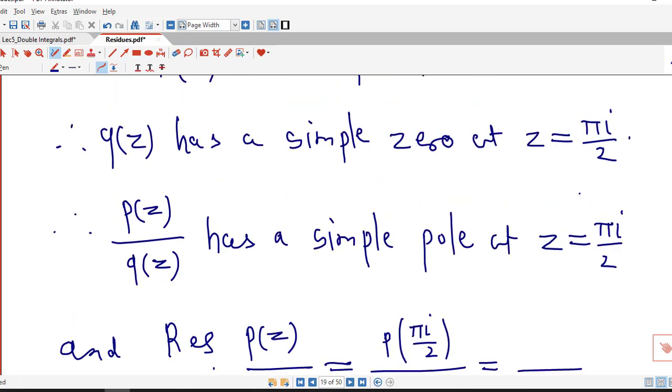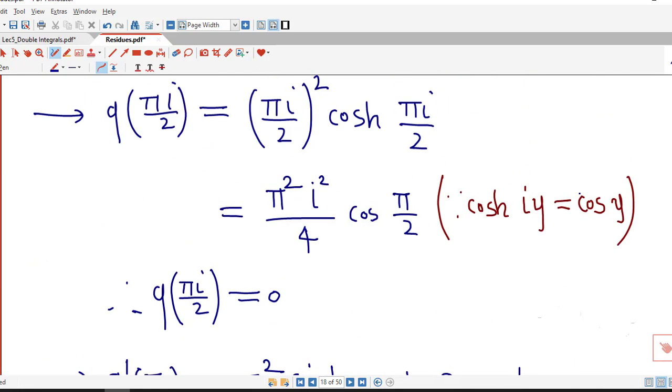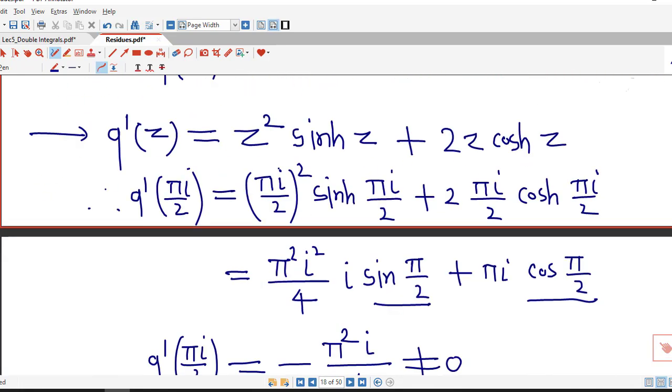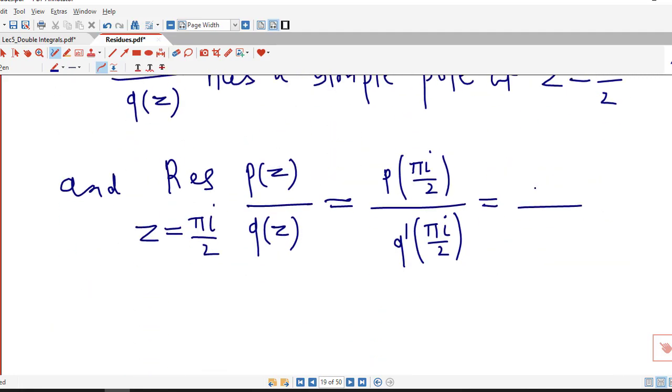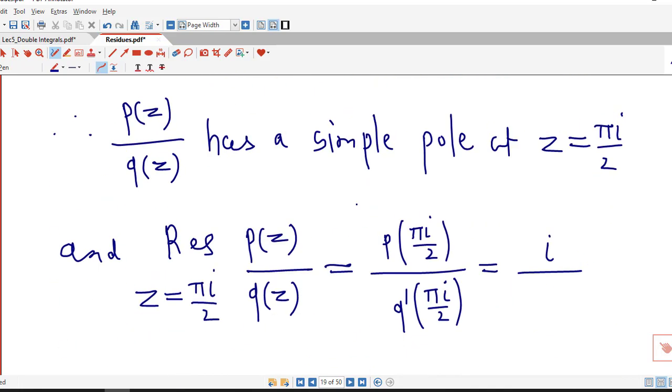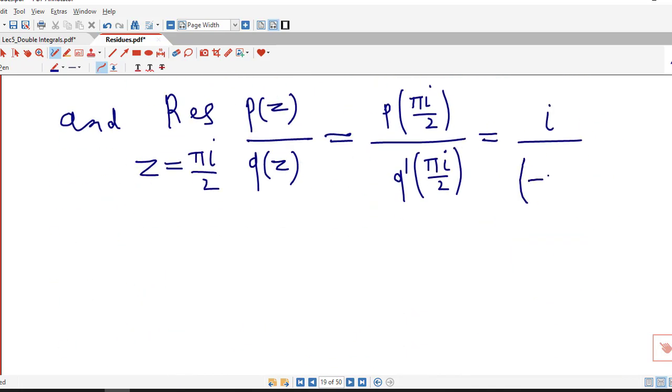Now the value of function p at pi i by 2 is nothing but i. So first we put the value of function p at pi i by 2, which is i, and the value of q dash at pi i by 2 is minus pi square into i by 4. So minus pi square into i divided by 4. So we can see here i will cancel out, and this we can rewrite as minus 4 divided by pi square.